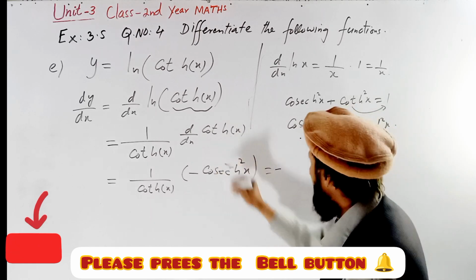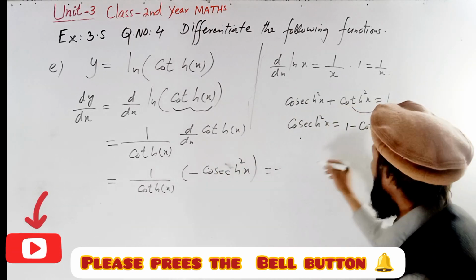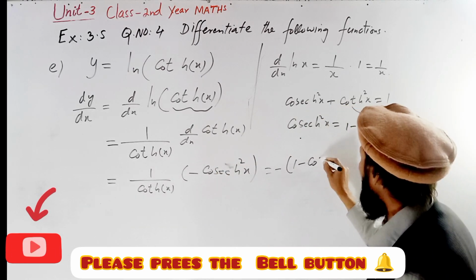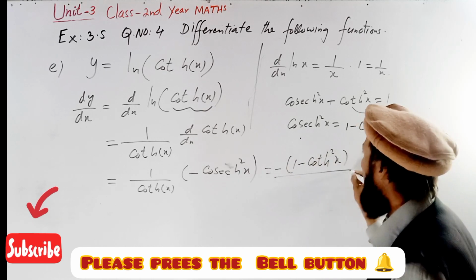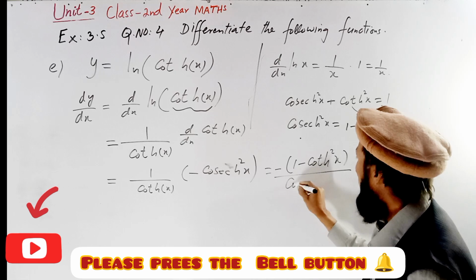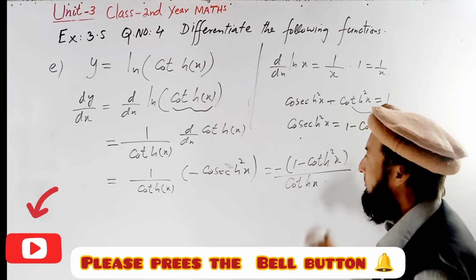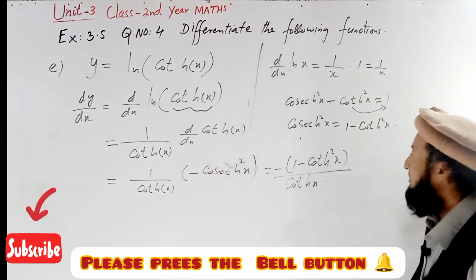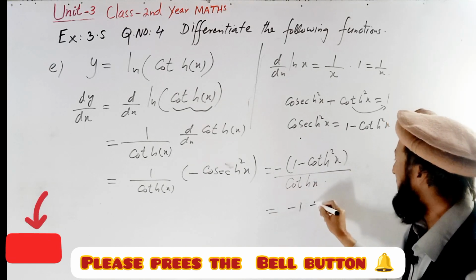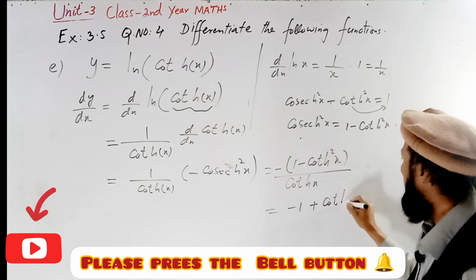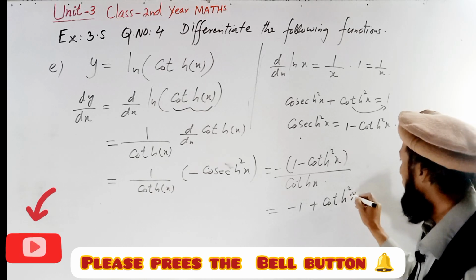Minus, in the place of this result we put here 1 minus cotangent hyperbolic square x divided by cotangent hyperbolic x. If we multiply this one by minus, we get minus 1 plus cotangent hyperbolic square x.